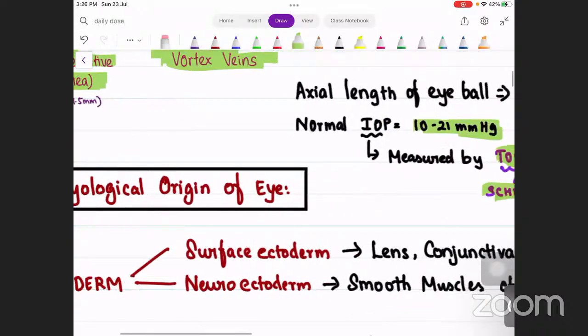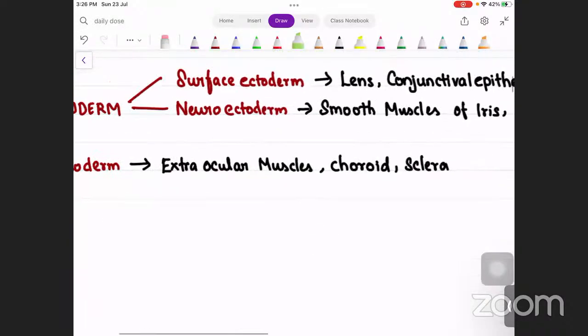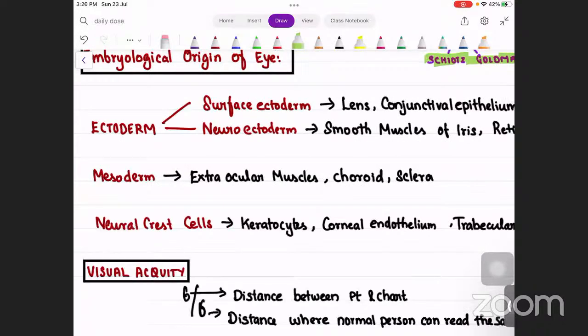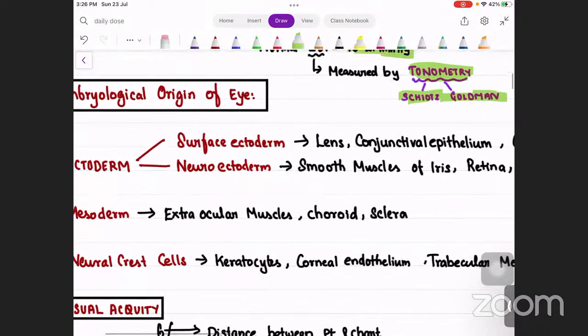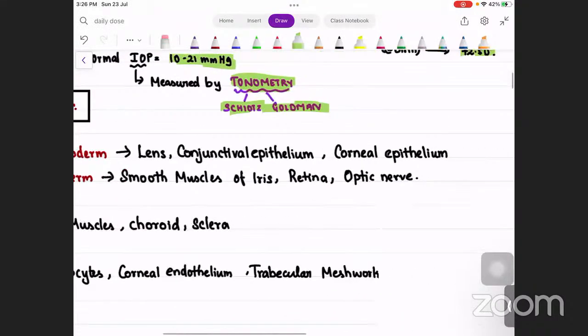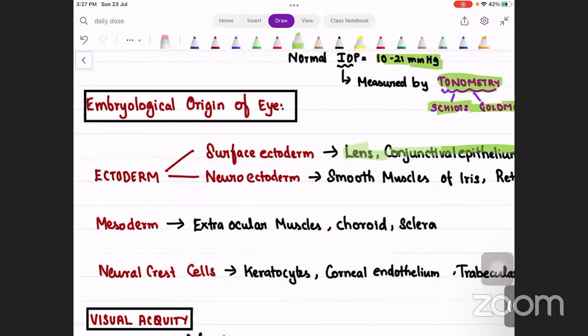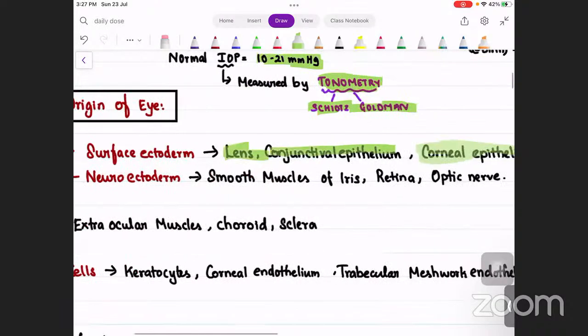Apart from that, the embryological origin of your eye is a pretty important one. You have to remember it. Speaking about the embryological origin, we have the surface ectoderm, where you may see the lens, conjunctiva, and cornea. And from the neuroectoderm, the smooth muscles of the iris, retina, and optic nerve come.